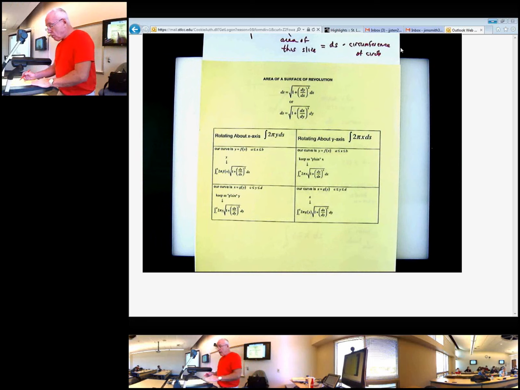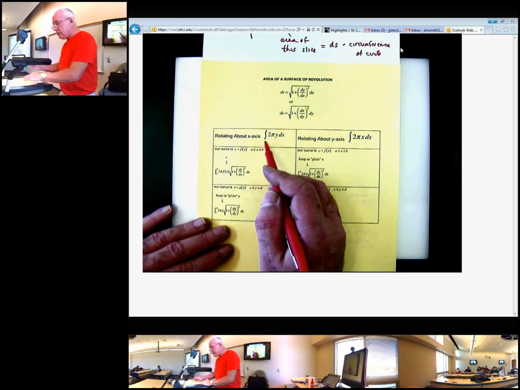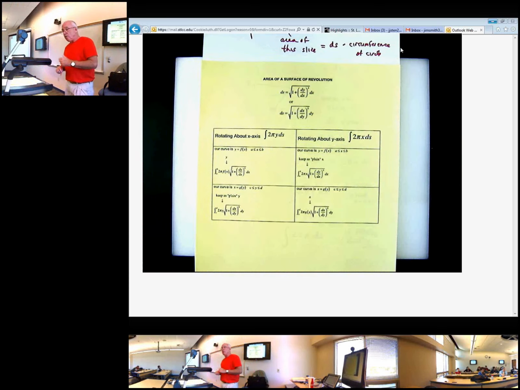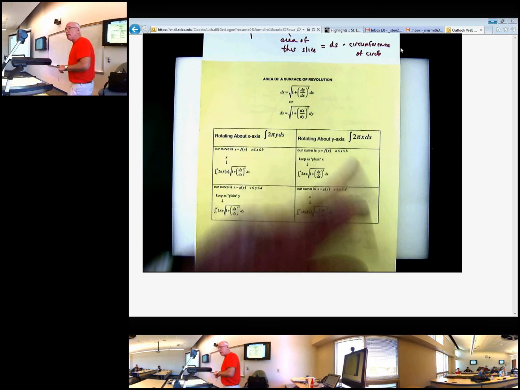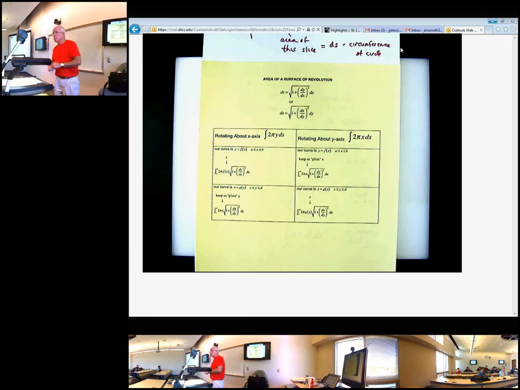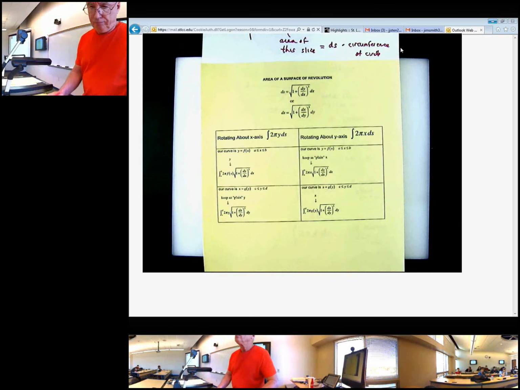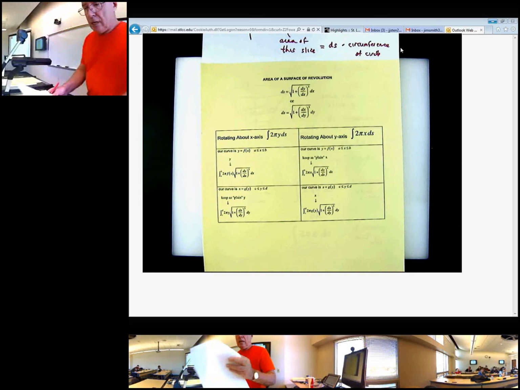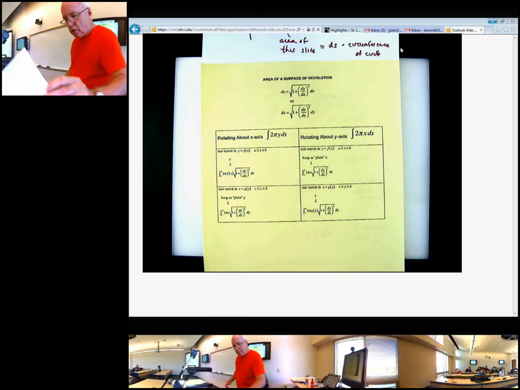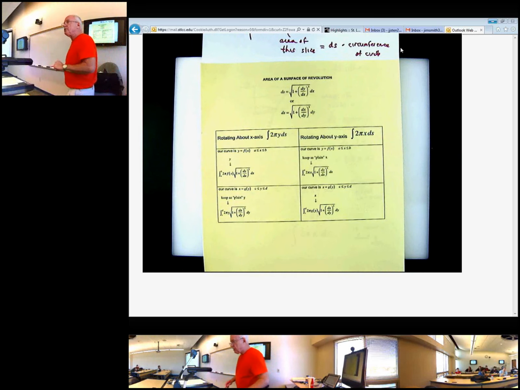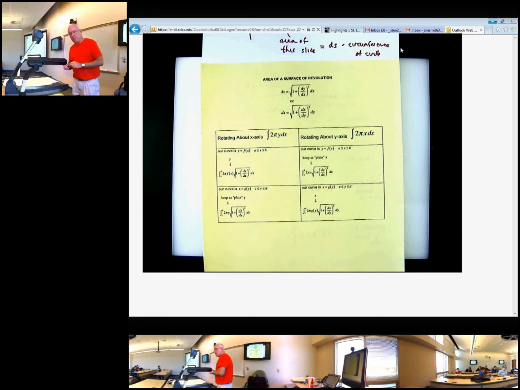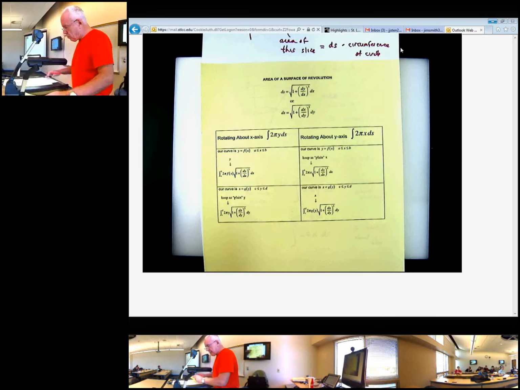And so if we're rotating about the x-axis, this is the general formula for our area, and similarly if we're rotating about the y-axis, okay? All right. Now, I think basically we'll end with this. We'll do some examples, I think, on Monday. But the last thing here that we want to point out.